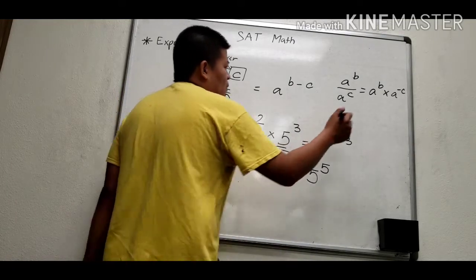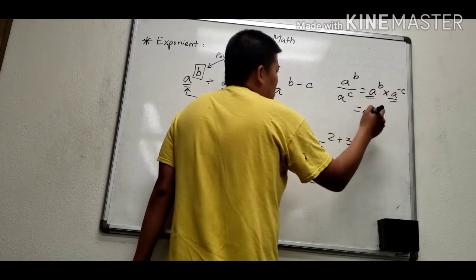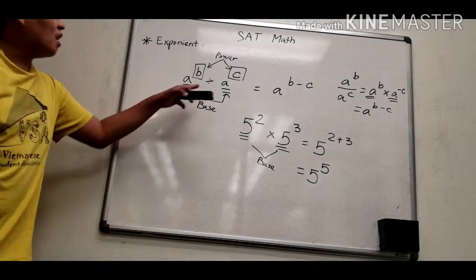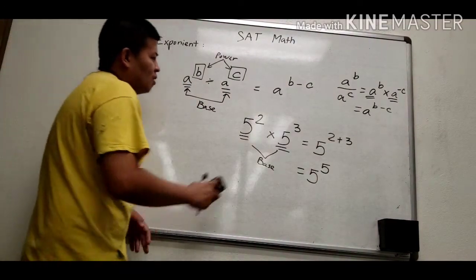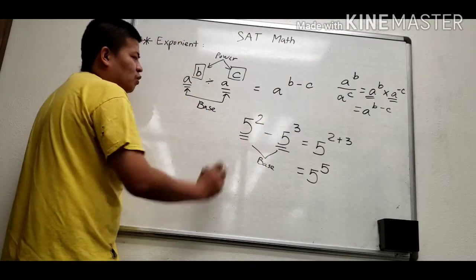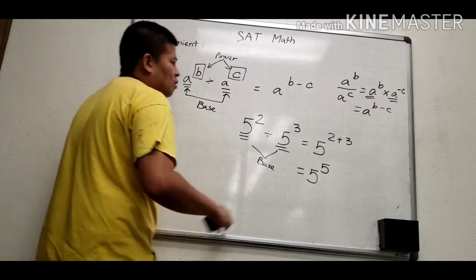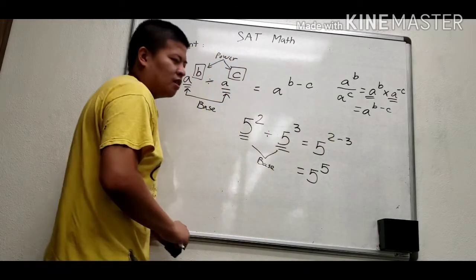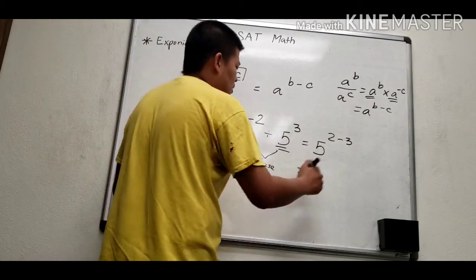That's why, when we combine the two with the same base, we have b minus c. It is similar in this formula. So we have 5 power 2 divided by 5 power 3. So you get 2 minus 3, and 2 minus 3 is minus 1.